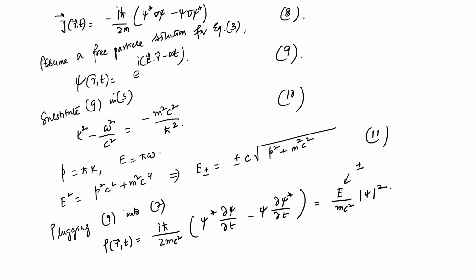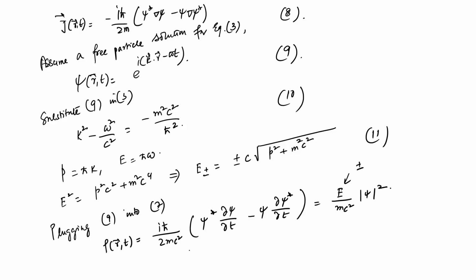In fact, initially they said that this may not be a quantum mechanical equation, but the Klein-Gordon equation that we have talked about is a valid description of classical field equations such as electromagnetic fields. Okay.